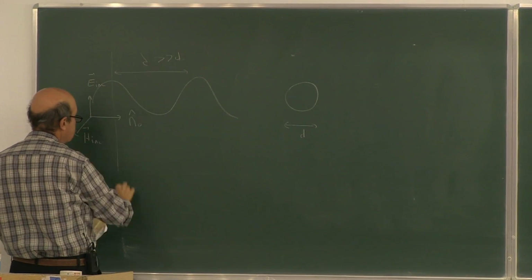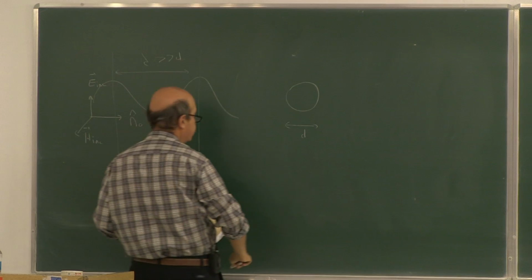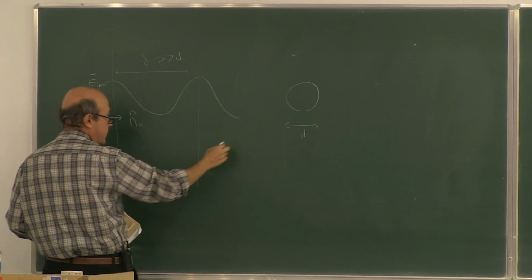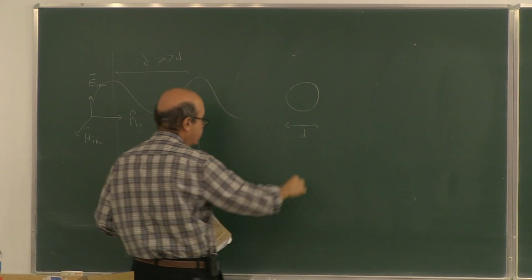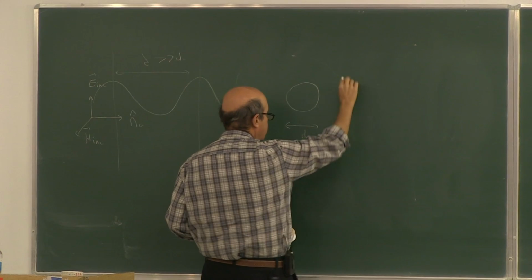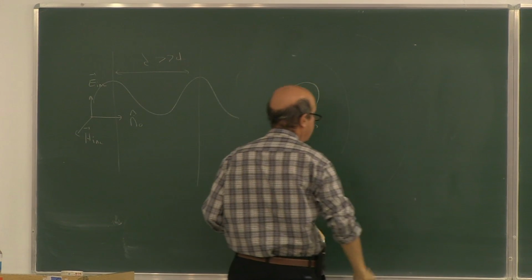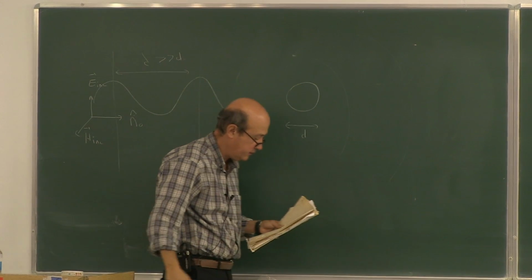They are plane waves. The wavelength is greater than the size of the scatterer, and after the scattering you will have some sort of spherical waves.